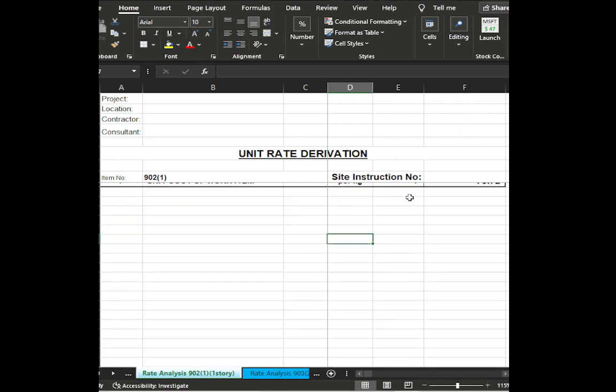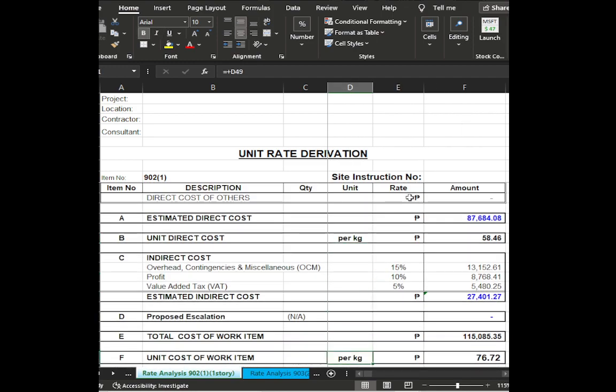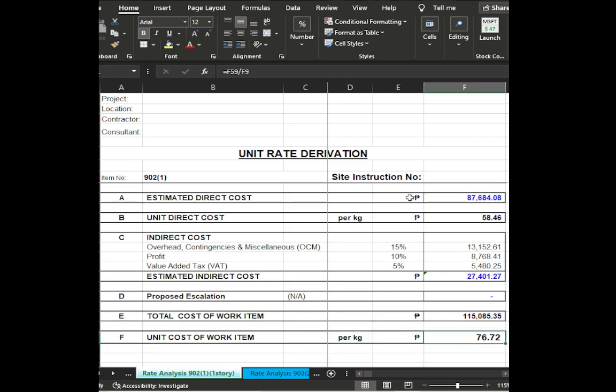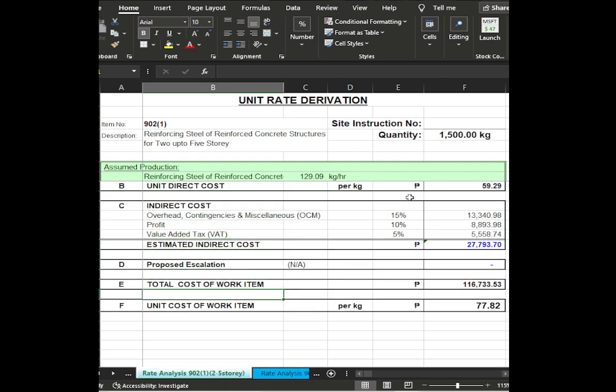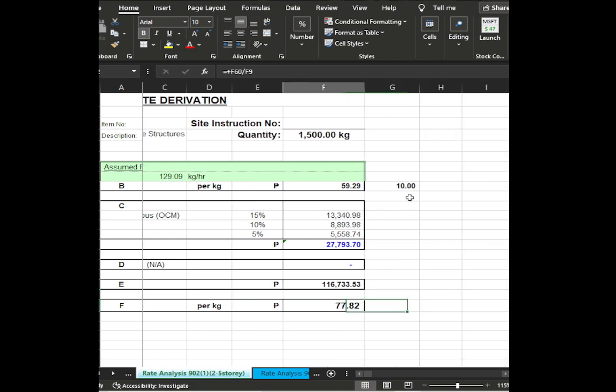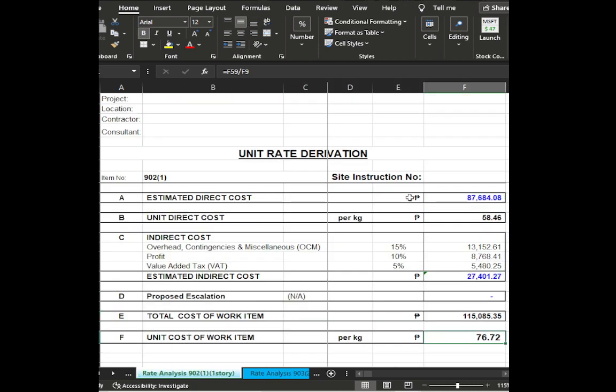So if we will compare that one from our previous discussion, which is from the 2 to 5 story building, we will check the unit cost for that one, that is 77.82. So this one is 76.72, only 1 peso difference, very small, guys. This is negligible.